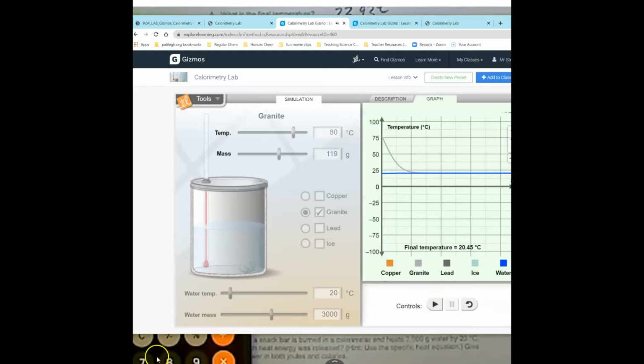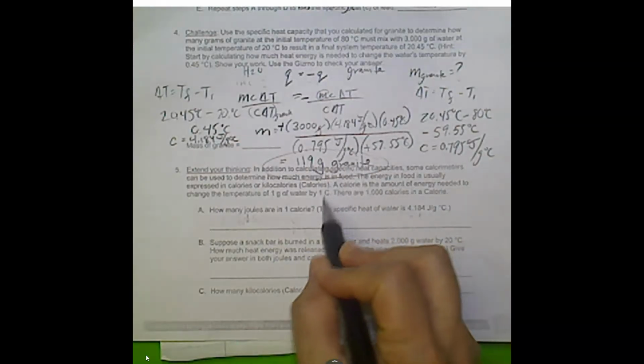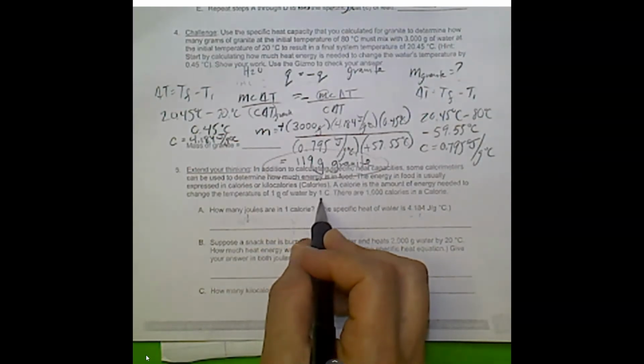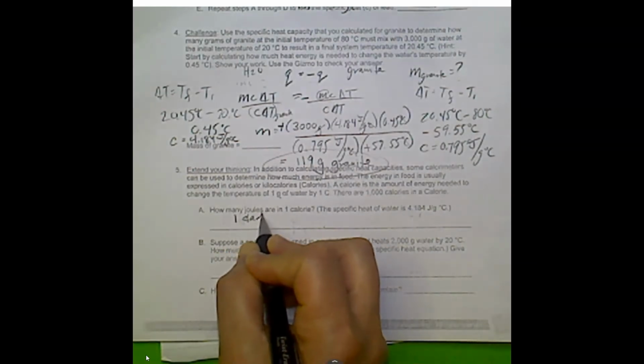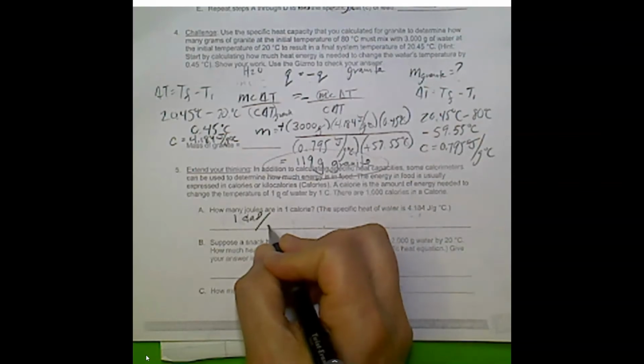Nice. Okay, the very last part says a calorie is the amount of energy needed to change the temperature of 1 gram by 1 degree Celsius. So that's 1 calorie changes 1 gram, 1 degree Celsius. So there's 1 calorie per gram degree Celsius.